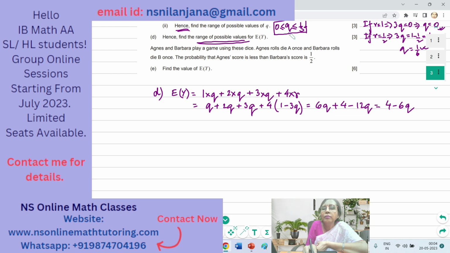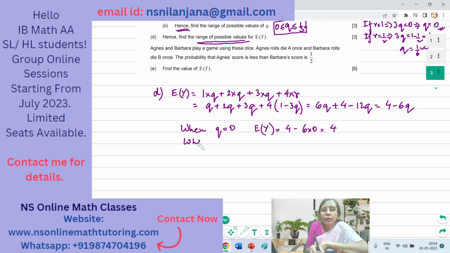And now we know the range of values for Q, 0 to 1/3. So we can give the range of values for expected value of Y. So when Q is equal to 0, expected value of Y is equal to 4 minus 6 times 0, which is equal to 4.